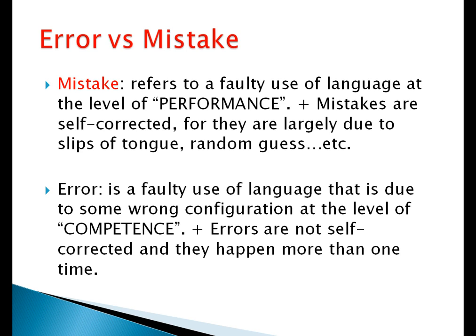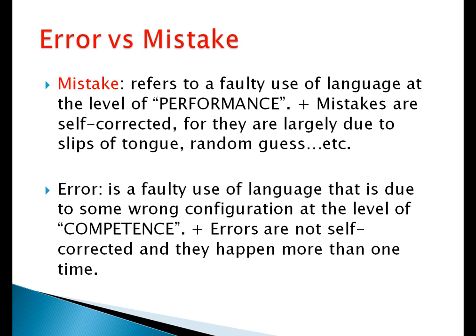They differ in the sense that a mistake refers to a faulty use of language at the level of performance. I presume you are familiar with the dichotomy of de Saussure, langue versus parole, and the dichotomy of Chomsky, performance versus competence. Anyway, you must know this.